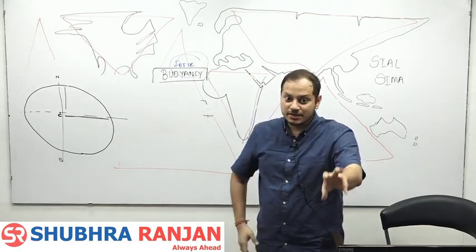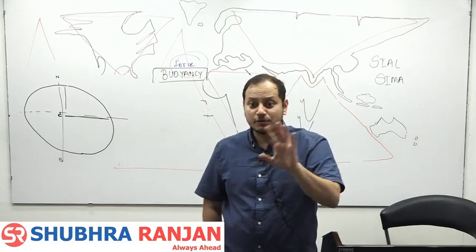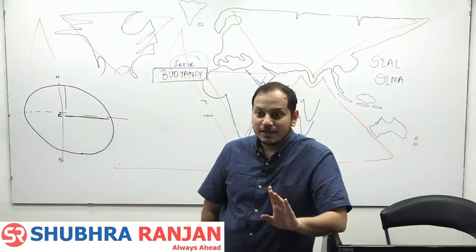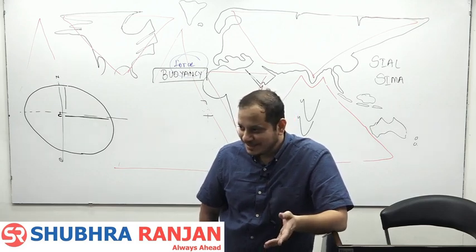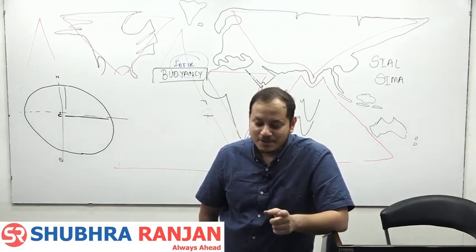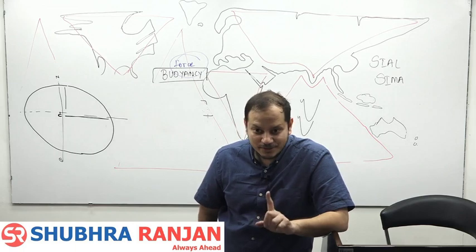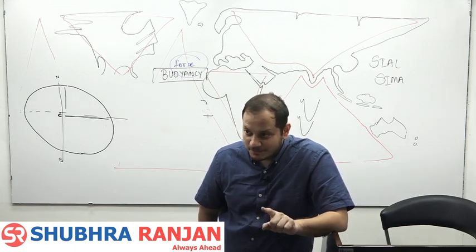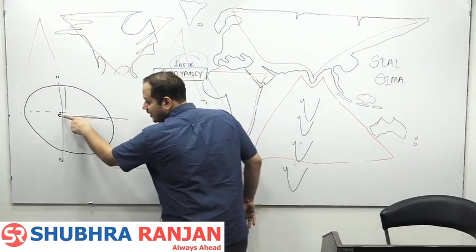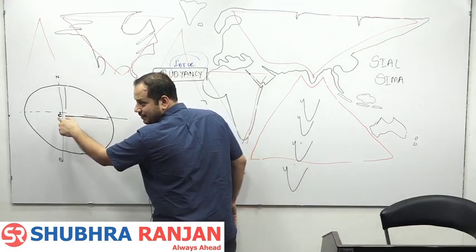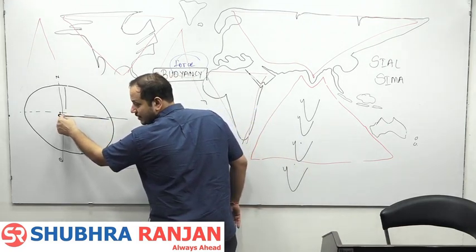We will study in GS, and you will study in GS irrespective of which class you are doing. One fact you are going to study: the highest mountain on the earth is Mount Everest, no doubt. But the highest mountain on the earth, when measured from the center of the earth, that is, if you go deep inside the earth, meaning the core. Getting it? You are going inside the earth.